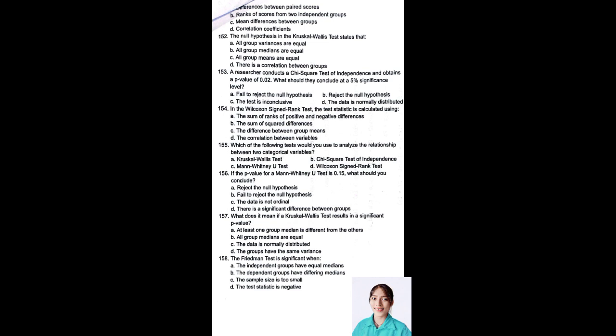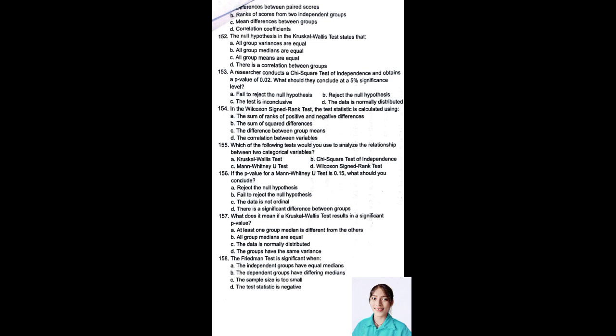Then we have 154. In the Wilcoxon signed-rank test, the test statistic is calculated using the sum of ranks of positive and negative differences. So that's in option A. Then we have 155. Which of the following tests would you use to analyze the relationship between two categorical variables?